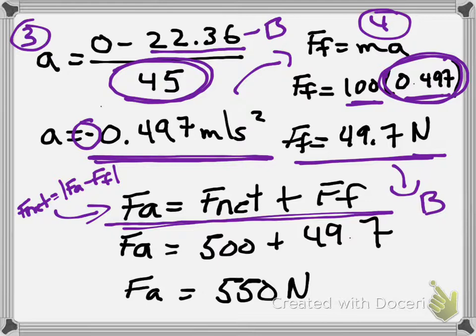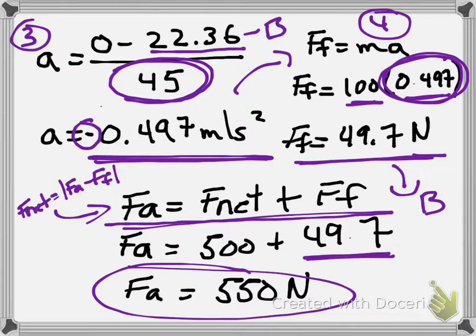Fa is always the sum of our F net, which is the force required for acceleration, and our frictional force. We know the frictional force that's present in the question is 49.7, and so we know our overall applied force is 550 newtons.